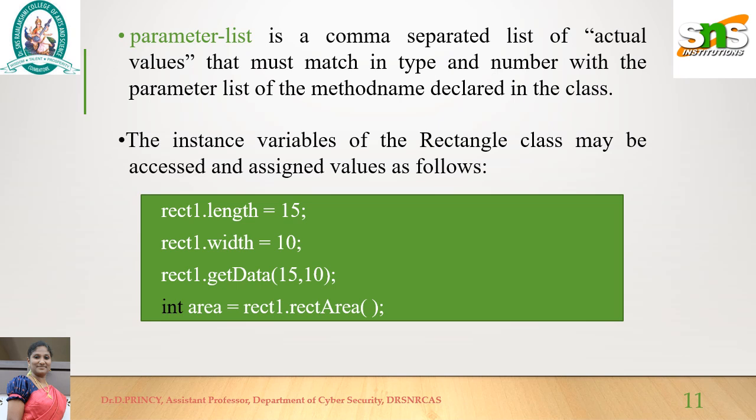So here is an example of accessing the members of the class. rect1.length = 15, rect1.width = 10. The 15 and 10 are assigned to the length and width class fields respectively. When we call the method getData, we are passing the values 15, 10. They are actual parameters.